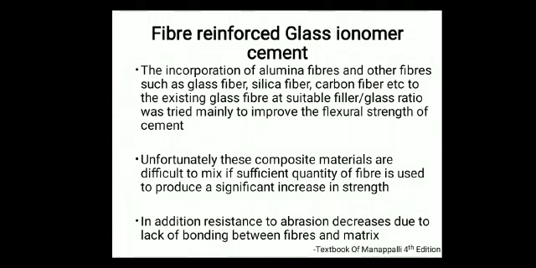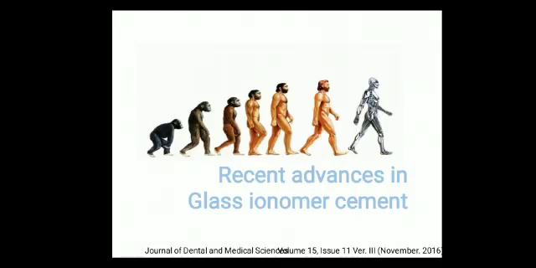Unfortunately, these composite materials are difficult to mix if sufficient quantity of fiber is used to give a significant increase in the strength. In addition, resistance to abrasion decreases due to lack of bonding between fibers and matrix.